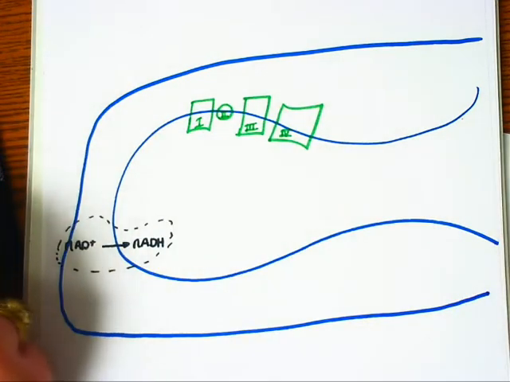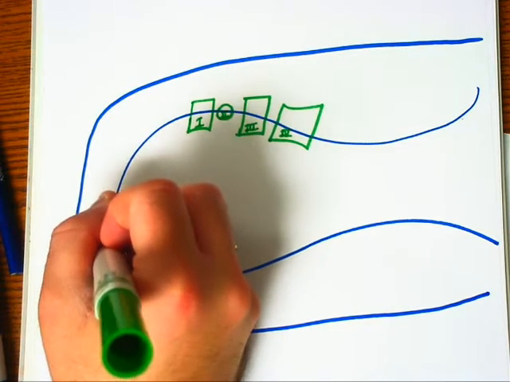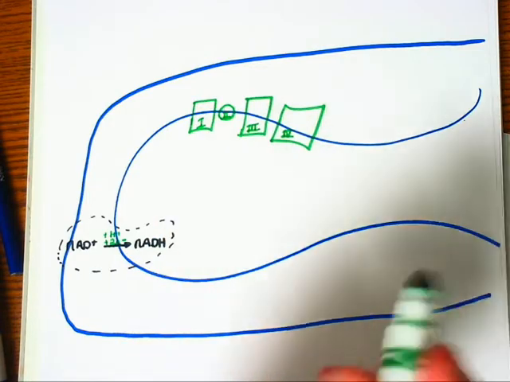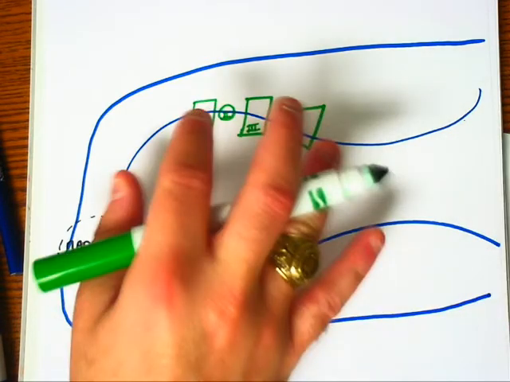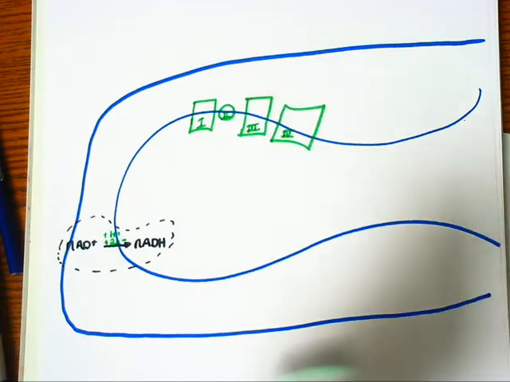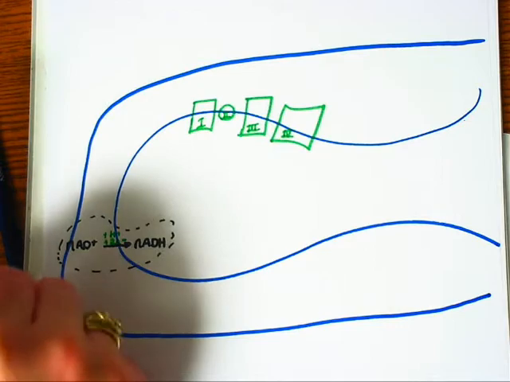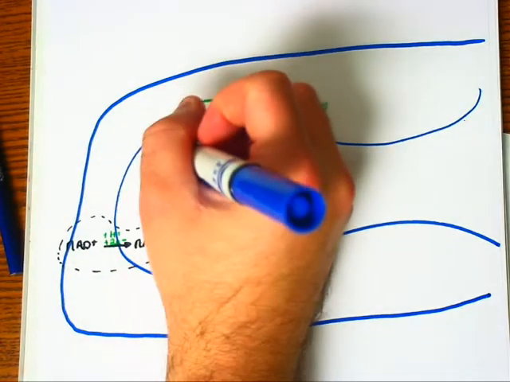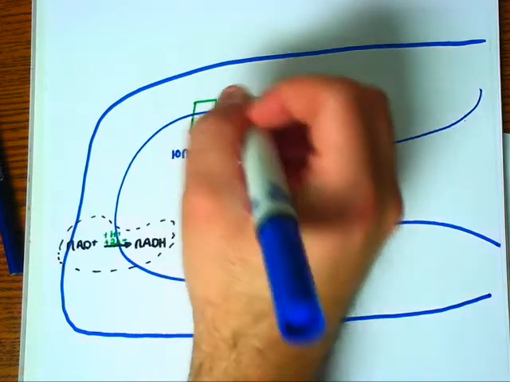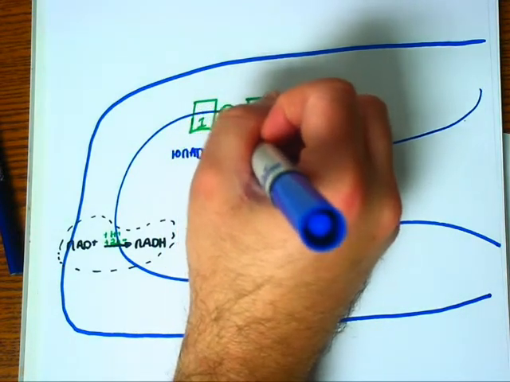Now, doing that would require an input of an H plus and 2 electrons. So this NADH is electron heavy. And by the time we're done with the glycolysis, the shunt, the citric acid cycle, aka the Krebs cycle, you have about 10 NADHs and you have 2 FADH2s.